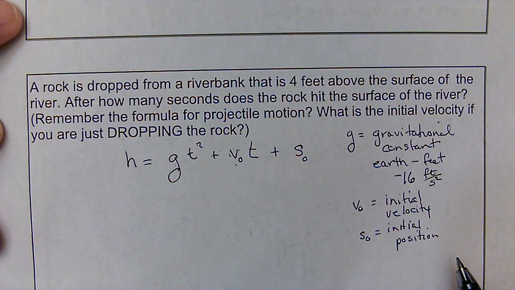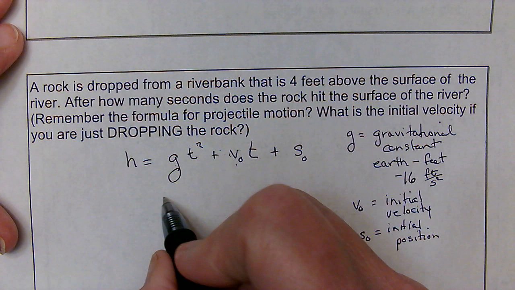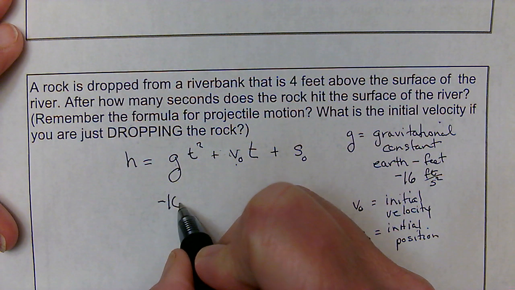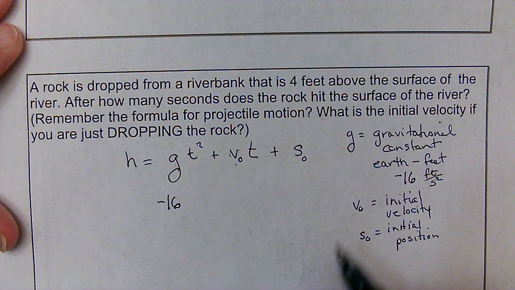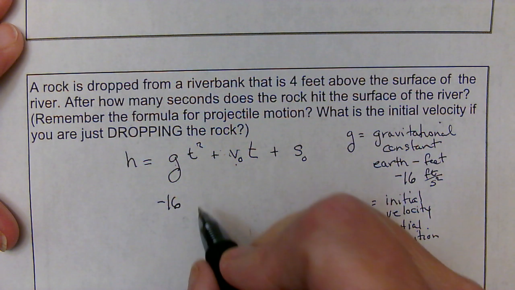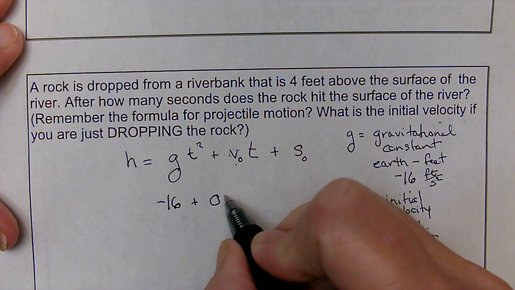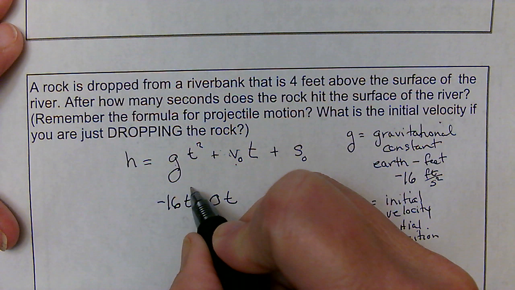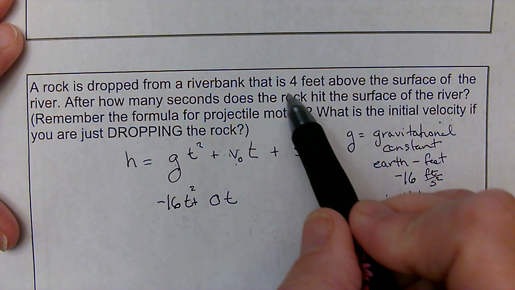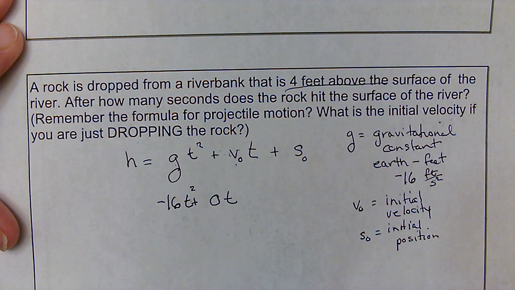So if I look at this problem, I have negative 16 for g. I was dropping the rock. So if you're dropping something, it is not moving until you drop it. So its initial velocity was 0. And it started 4 feet above the surface of the water.